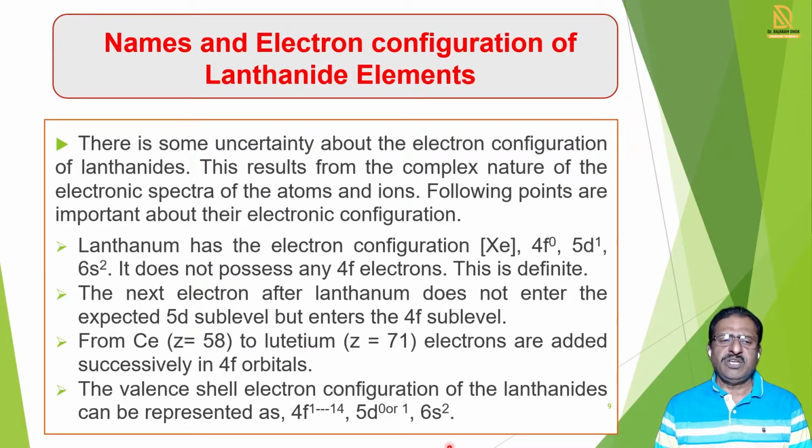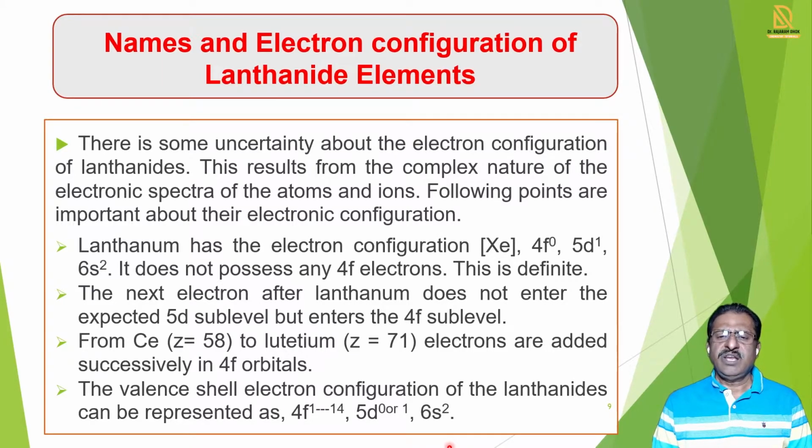But in the case of F block elements, such confirmation is not possible. There is some uncertainty about the electronic configuration, and why this uncertainty? Because the electrons are filled in the 4f.